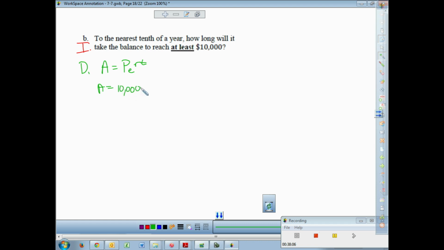This is the same problem, right? Isn't this just part B of the problem? So principal, do you know the principal? It's still 3,000 bucks. Rate, the rate hasn't changed, isn't it 0.04? Right? And T, we don't know. So that's time in years.